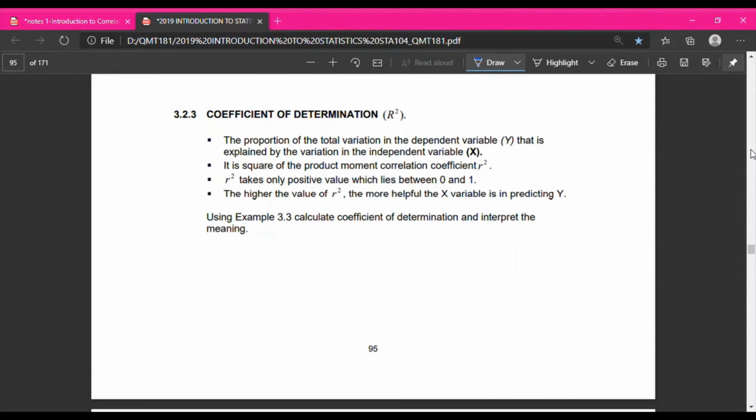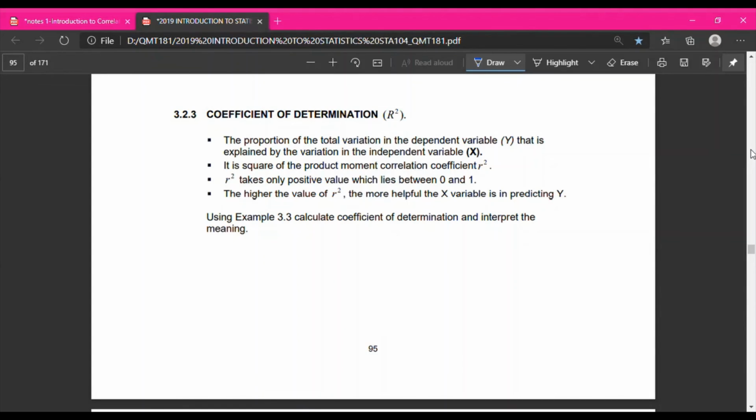And from there we can also know whether the variable x is helpful in predicting y. We know that y is the predicted variable. If the value of r square is high, we can say that the x variable is helpful in predicting the variable of y.